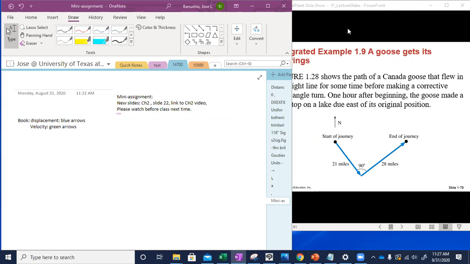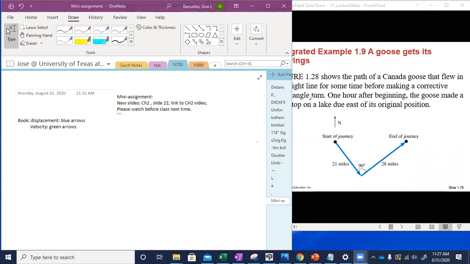Let's go ahead and work on this example here. Okay, so in this example, it's called a goose gets its bearings. And here's an idea.